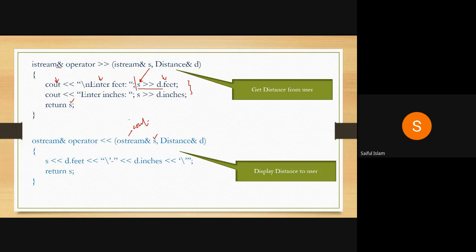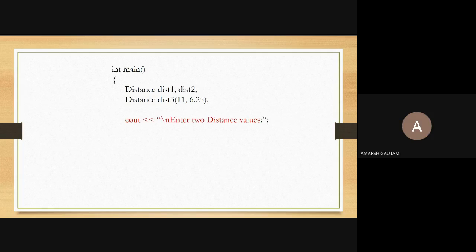So can you understand these two codes? Now I'm trying to use this code in my program. Look at this one. You have distance 1 and 2, distance 3.